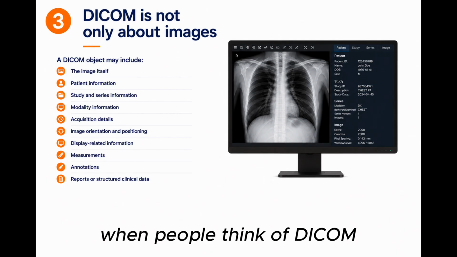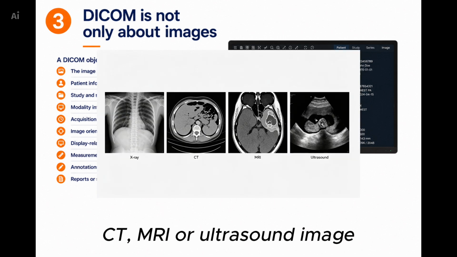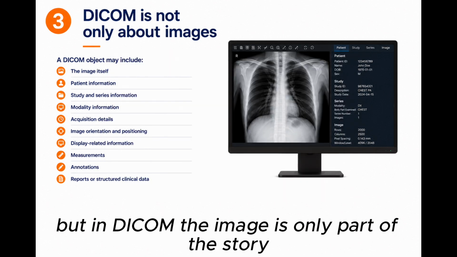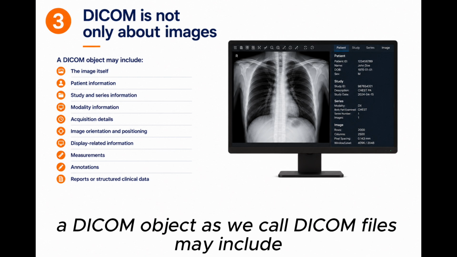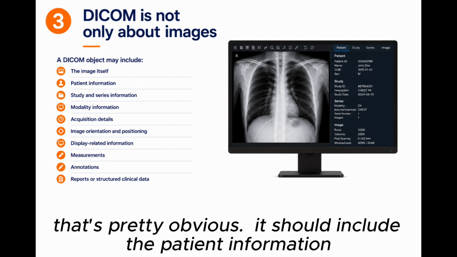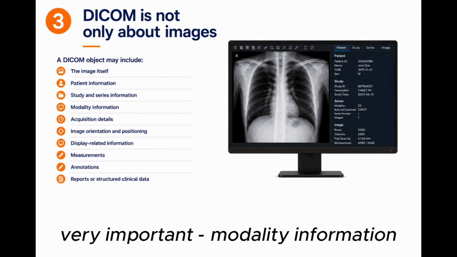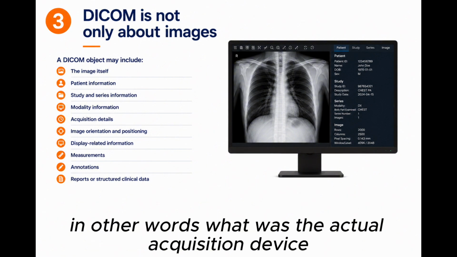When people think of DICOM, they often think of X-ray, CT, MRI, or ultrasound images. But in DICOM, the image is only part of the story. A DICOM object, as we call DICOM files, may include, well, the image itself. That's pretty obvious. It should include the patient information. We definitely want that. Study and series information, very important. Modality information, in other words, what was the actual acquisition device?